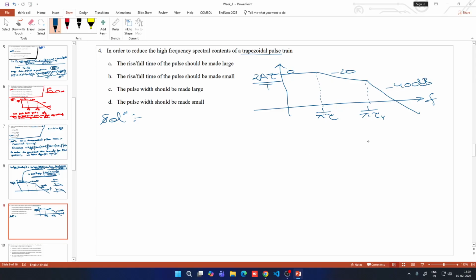Now as we move along the right side of the frequency axis, the frequency is rising. And if we increase tau_r, meaning if we increase the rise time, the high frequency content will be smaller.